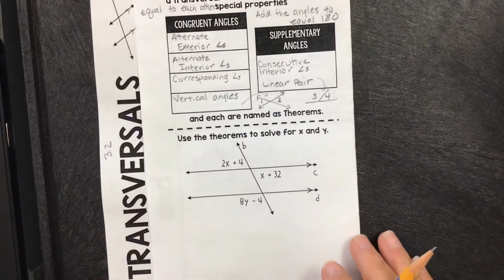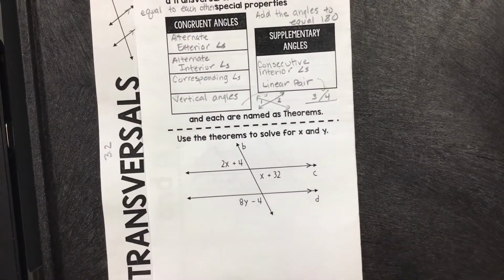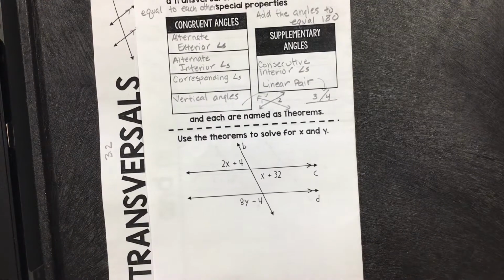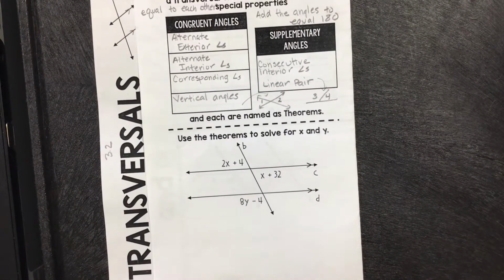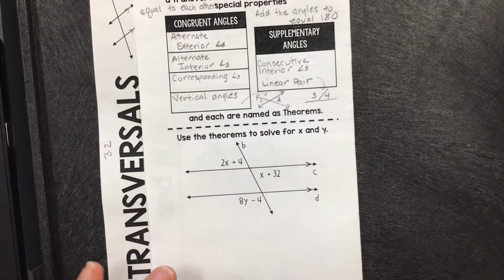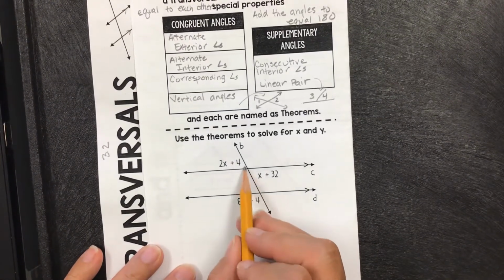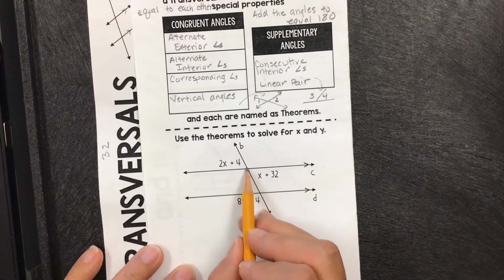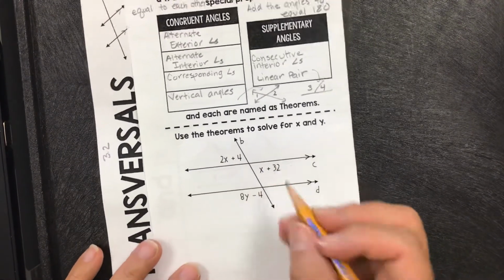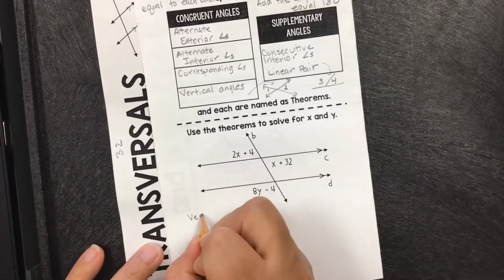So your test might look similar to this, where you're going to be asked to solve for the x and the y value. It says use the theorem to solve for x and y. So the first thing that I'm going to do is solve for x. These are vertical angles because they look opposite of that intersection. So I'm going to say vertical angles.